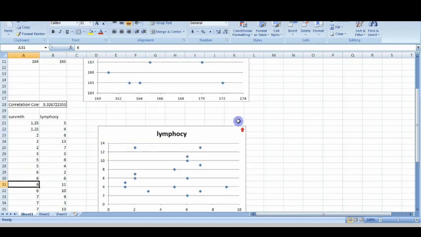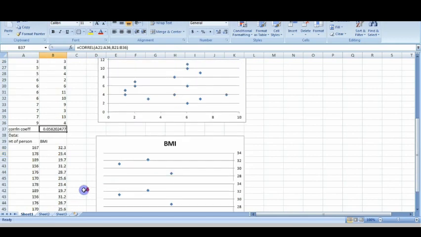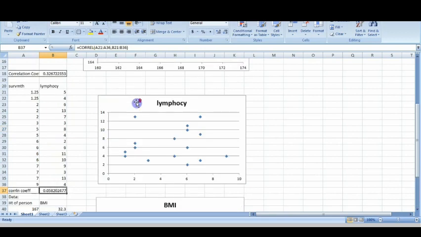Again, just like before, looking at the scatter diagram, we may or may not conclude that there is a positive correlation between the two variables. What does the data say? If we compute the correlation coefficient, the value is equal to 0.058, which is very close to 0. So, there does not seem to be a significant correlation between the two variables, survival in months and the lymphocyte.